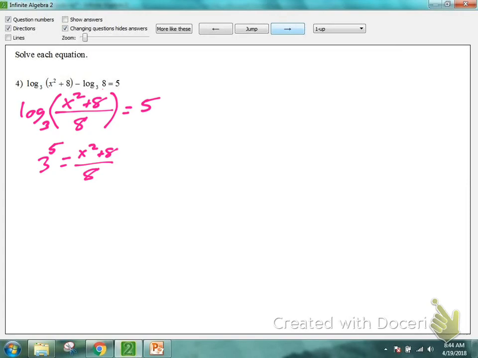Alrighty? What's 3 to the 5th? 243. So we get 243 equals x squared plus 8 divided by 8.